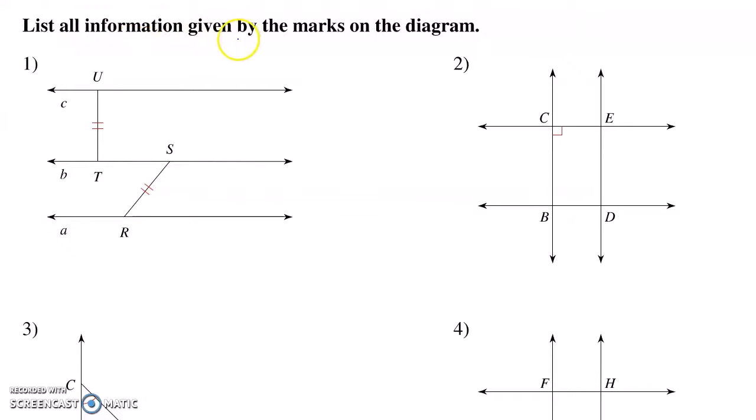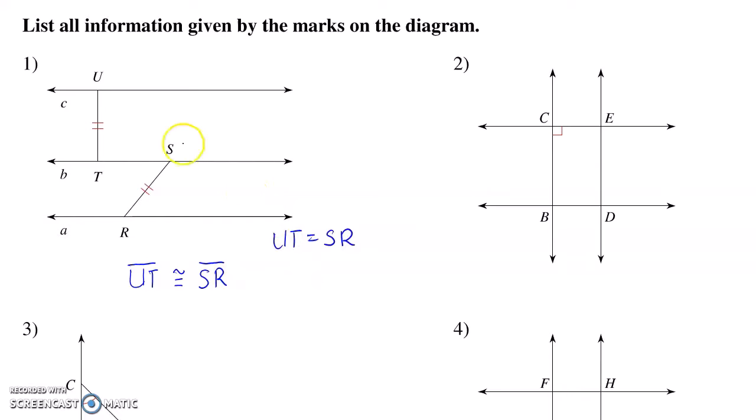List all given information by the marks on the diagram. Here we are given segment UT is congruent to segment SR. Now remember, the order of the letters doesn't matter, but the mark above the letters does, and the letters must be capital letters. If I would have said UT is equal to SR, that is different.